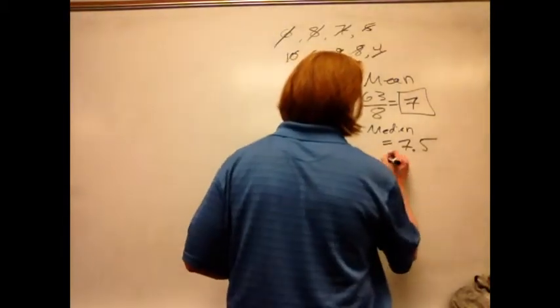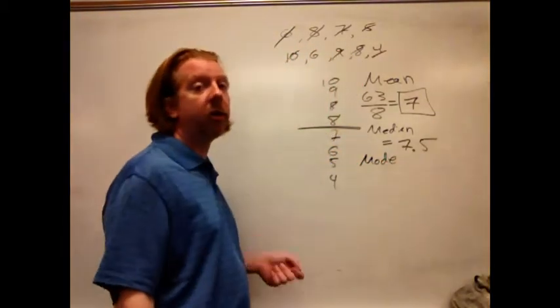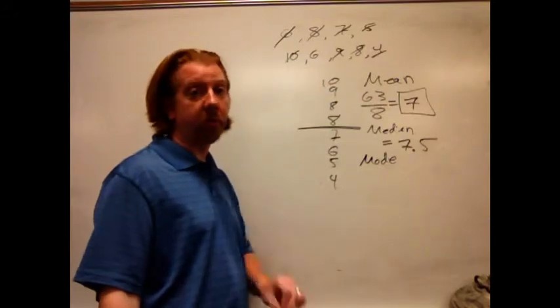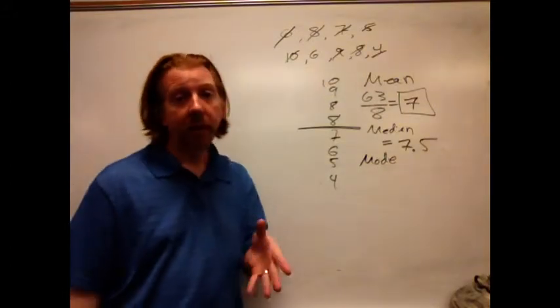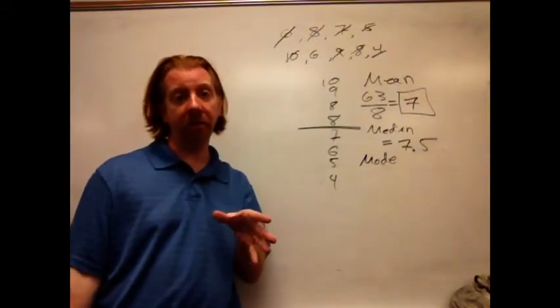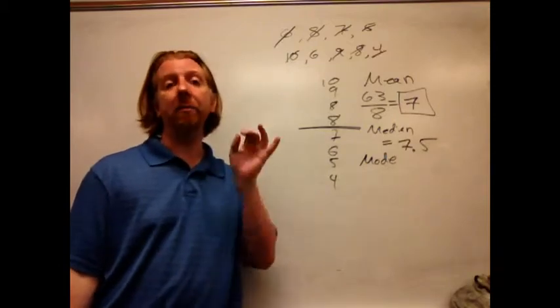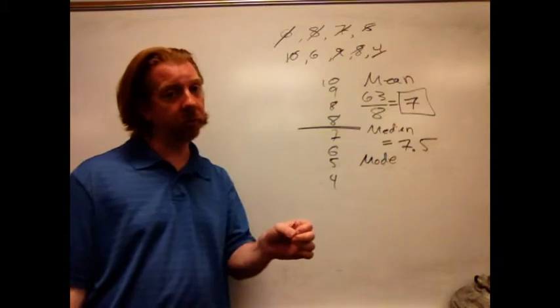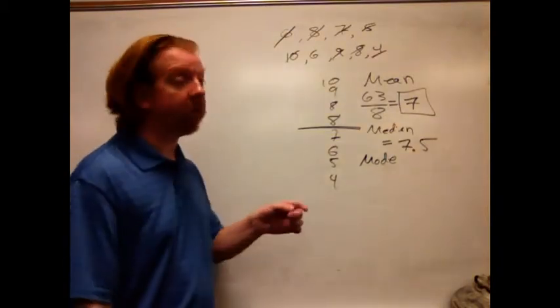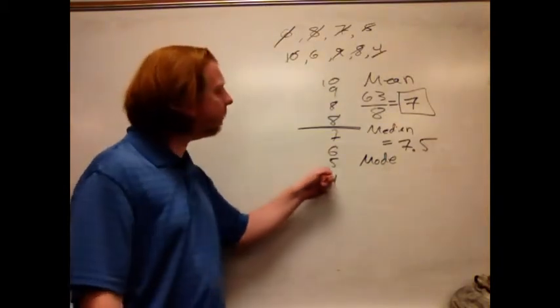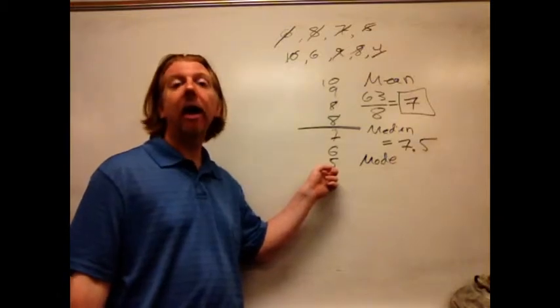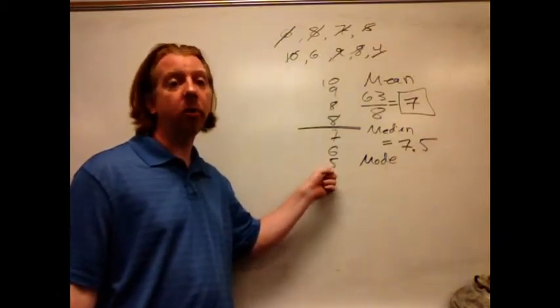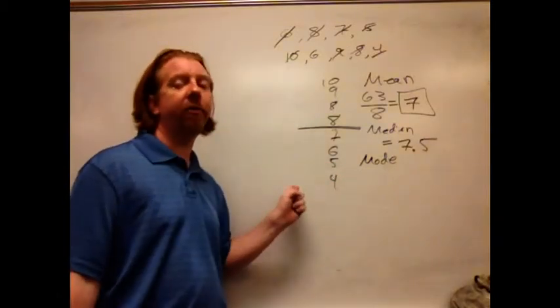Finally, I have the mode. What numbers appear the most often? Now remember with mode, if multiple values appear as the maximum number of instances, then you have multiple modes. So for example, let me explain. Say this 5 was really a 4. I would then say that the modes would be 8 and 4.